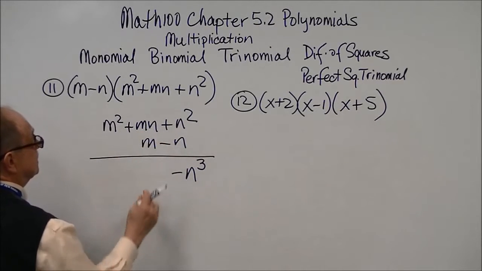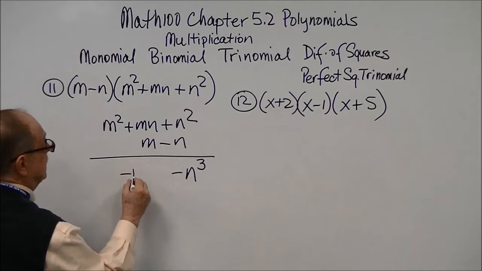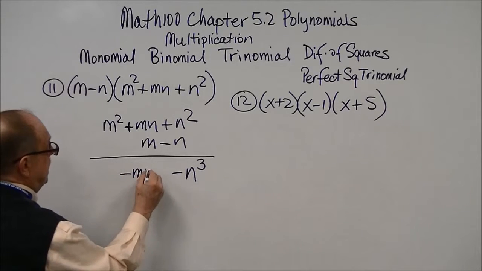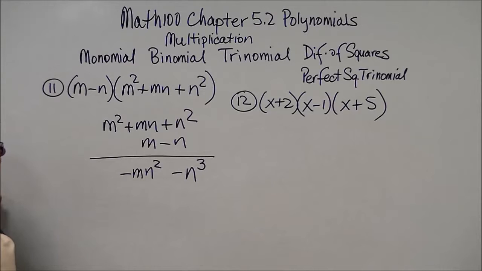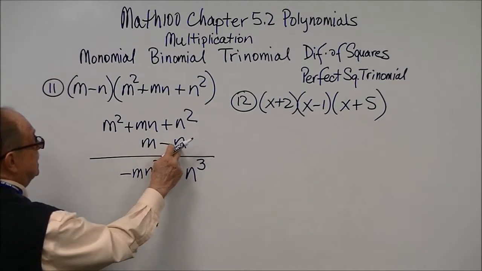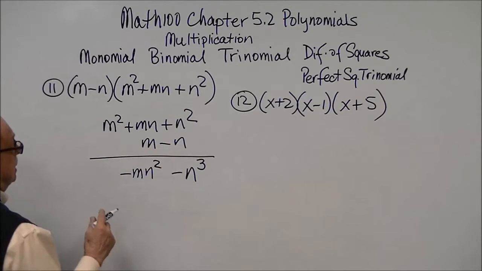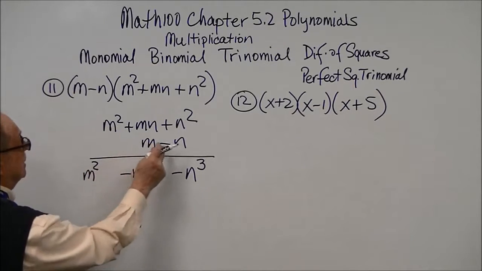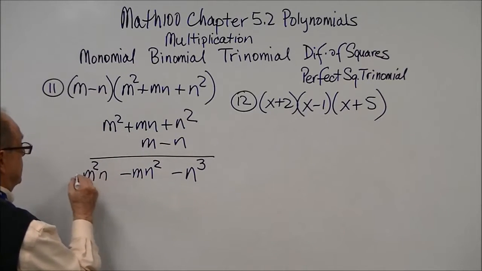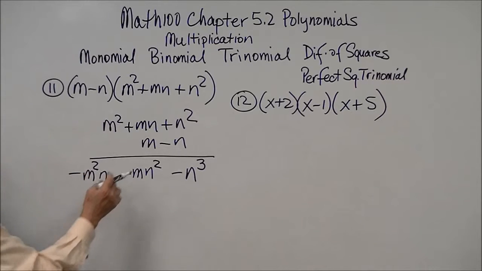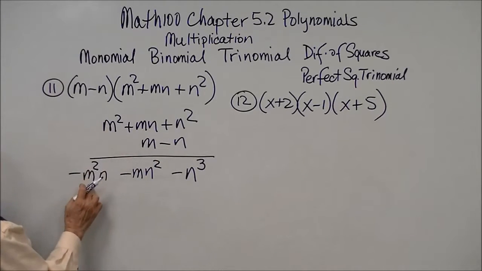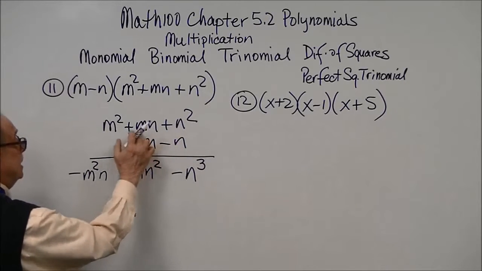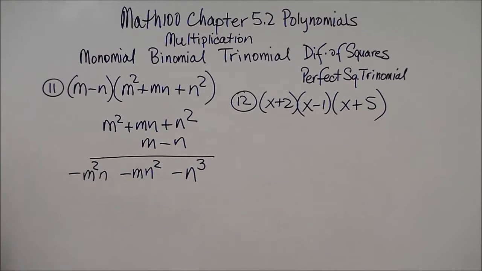This times this will give you a negative mn squared. This times this will give you a negative m squared n. So n times each of these gives us that.